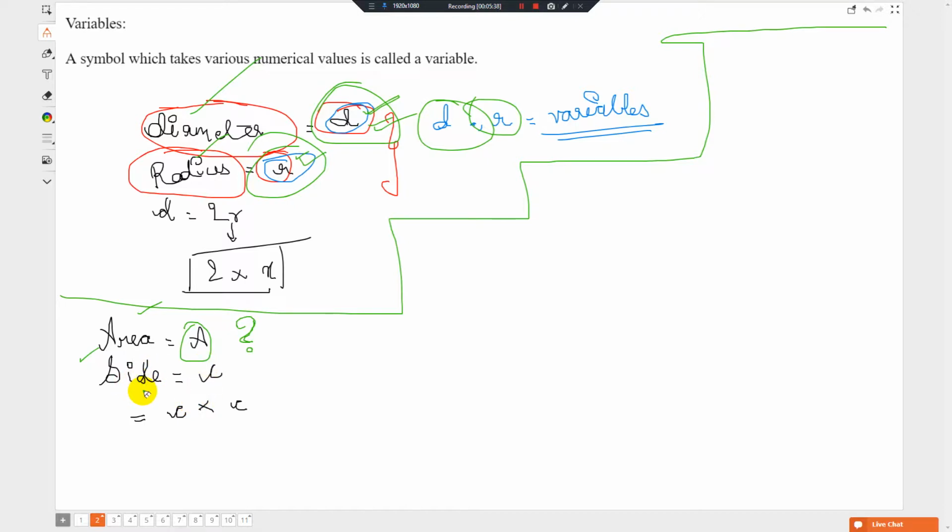And the side is c. So what will the area be? It gives c squared, right? We have learnt about powers, like 3 to the power 4.